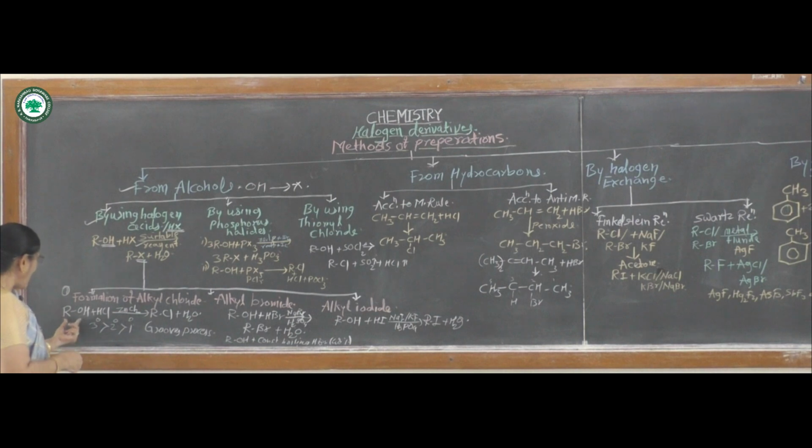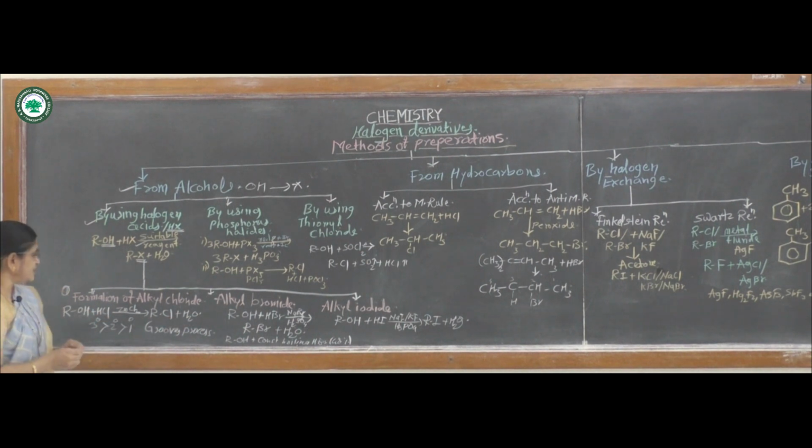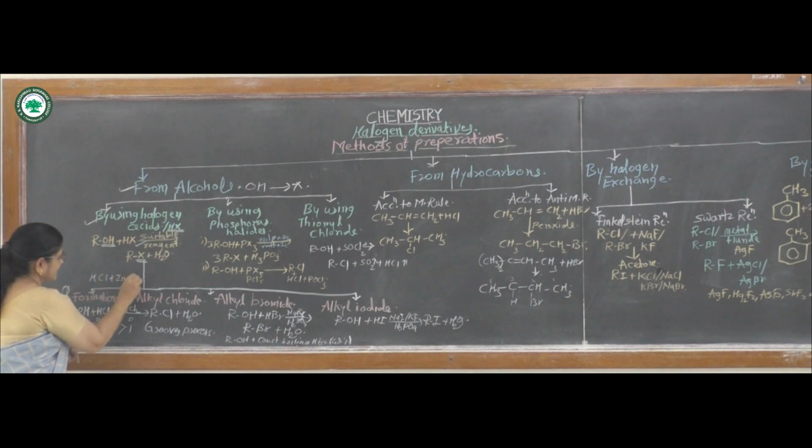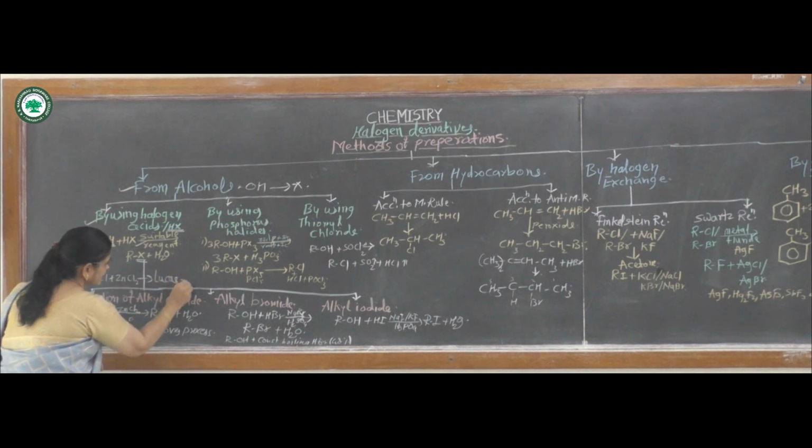Here, ROH, that means alcohol, plus HCl, with the suitable reagent zinc chloride and HCl, gives RCl, that means alkyl chloride, plus H2O. This mixture of HCl and zinc chloride is called Lucas reagent.